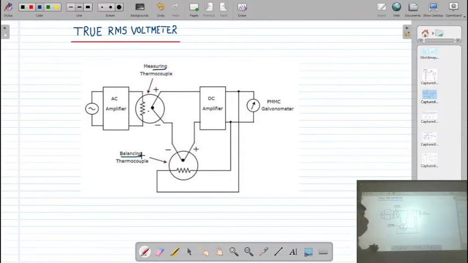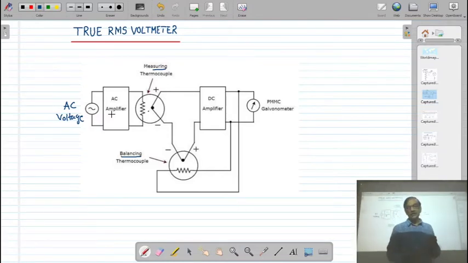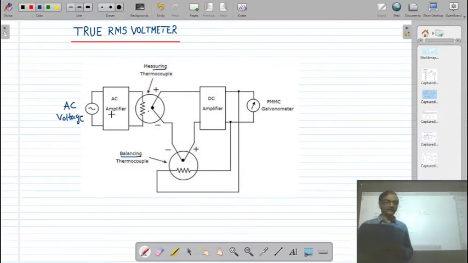Whatever AC voltage we want to measure is first given to an amplifier circuit, because sometimes our AC signal is very small. If it is on the order of a microvolt or millivolt, it is not able to produce sufficient heat, and therefore we require an amplifier circuit. It will be a power amplifier, remember.